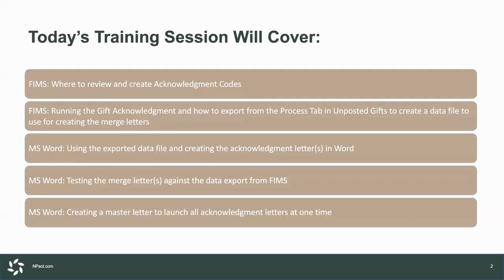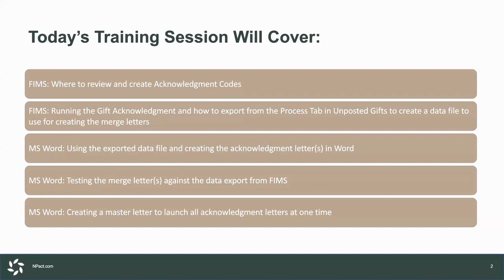What we are going to cover today, we're going to start with where to add and review your acknowledgement codes, because that's pretty important since everything hinges off the acknowledgement codes. We're also going to look at how to export the data from FIMS in the gift module so that we can create a data file to actually create our merge templates.